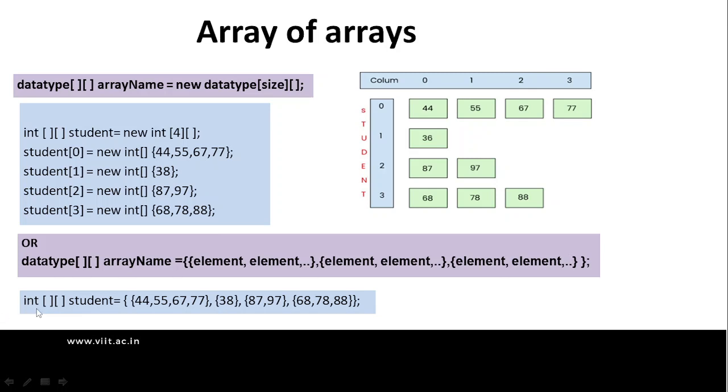For example, integer double array student equals: the first array will be 44, 55, 66 and 77, the second array with only a single element, 38, the third array can have two elements, 80, 90, and the fourth array can have only three elements, and you put all these arrays into the array of student.